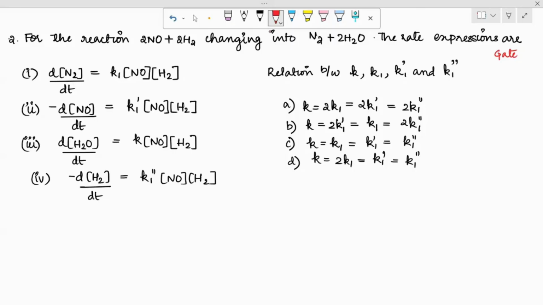Okay, so let's do. So a rate equation is given, 2NO plus 2H2 gives N2 plus 2 water.